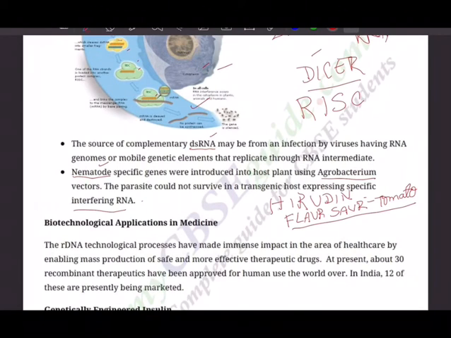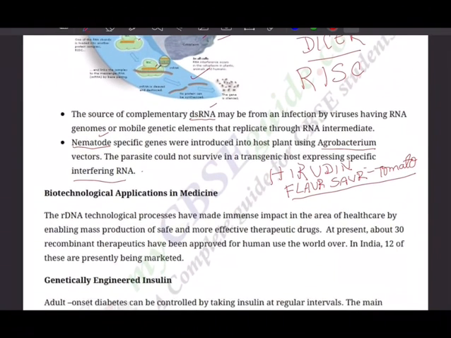Before we go to the medicine, I would like to add advantages and disadvantages of transgenic plants. Of course, being sons of farmers, some of you must have come across a lot of hartals and roadblocks in districts like Koppal, Gulbarga, all that.